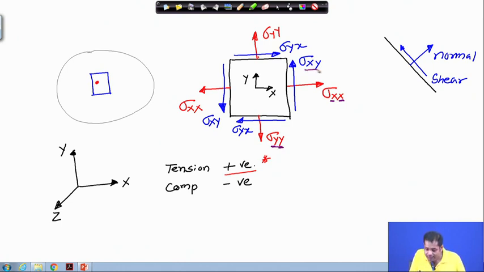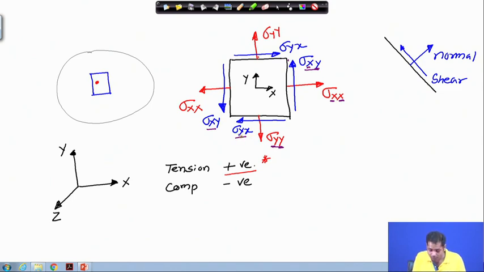Now, why is it sigma xy? Because the first x, as I just said, tells you on which plane it is acting. It is acting on a plane which is normal to x direction. And then on this plane, the direction of the stress is y. So, similarly, this is sigma xy, and this is sigma yx. Why sigma yx?